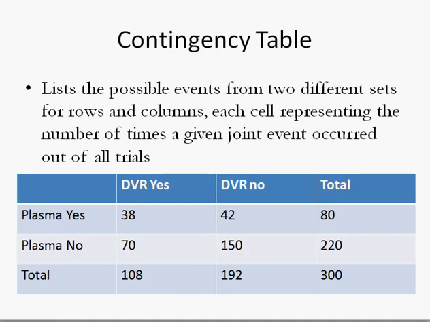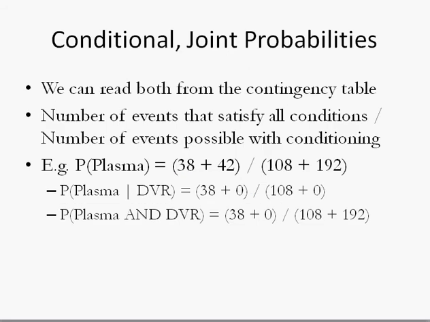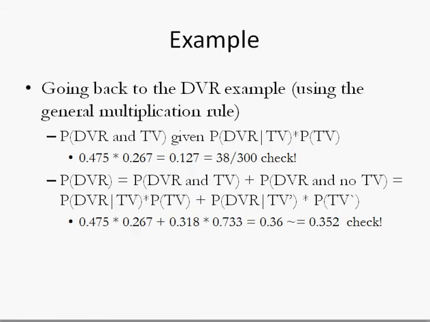So let's take a look at our contingency table. This is the DVR plasma one from before. We can do some probability math just going right from the probabilities that were given or implied by the contingency table. For example, the probability of DVR assuming I purchase a television, times the probability of television, is equal to the probability of DVR and television.